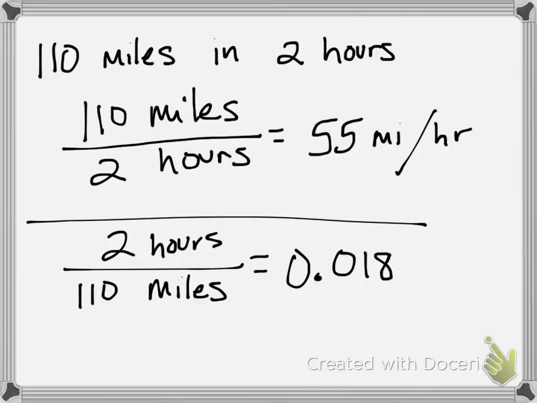So what is this? Well, this is 18 thousandths of an hour per mile. So mathematically it's correct, but in terms of our understanding of the unit rate, it really doesn't make a lot of sense. So that is one of the challenges, is to think about which way do we want to represent our unit rate.